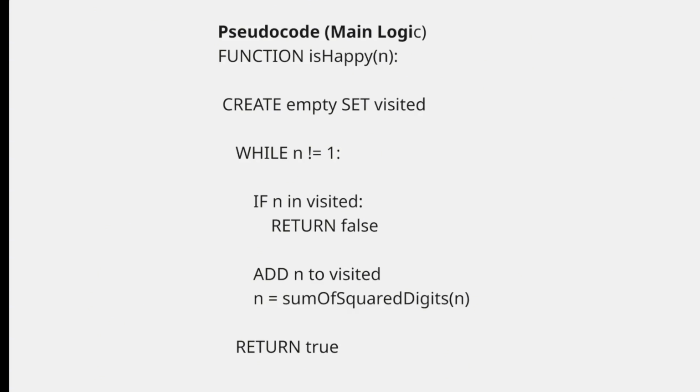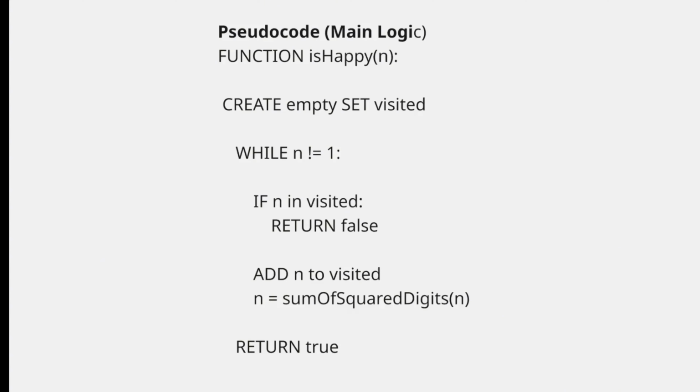If yes, we are stuck in a cycle, and we return false because the cycle means we'll never reach 1. If we haven't seen it before, we record it in our set so we can detect a cycle in a future iteration. Then we call the helper function to replace n with the sum of squares of its digits. If the while loop exits naturally, n becomes 1 and we return true, since it's a happy number. Finally, we take input, call the function, and print the result.